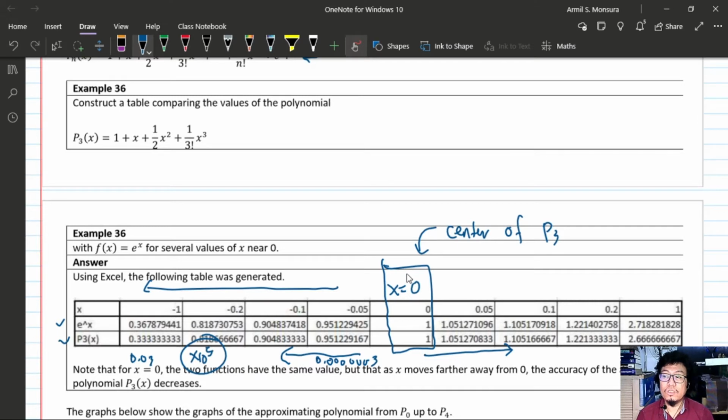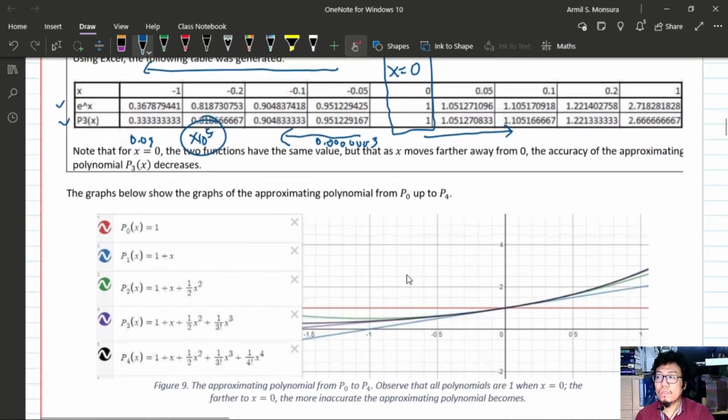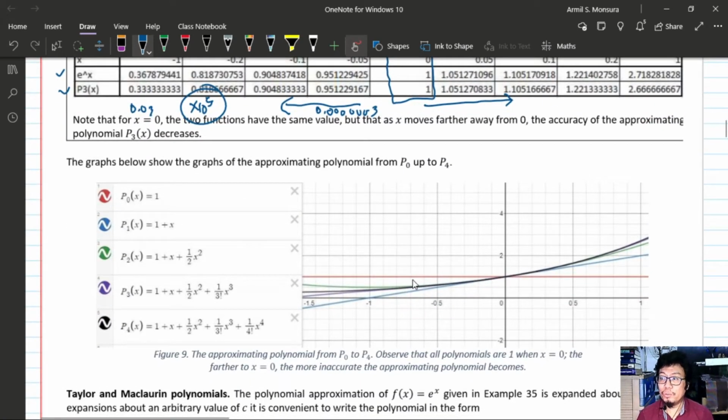Here, you would be able to see that if your polynomial is centered here, at x equals -1 and at x equals 1, your approximating polynomial actually gets wider variation.